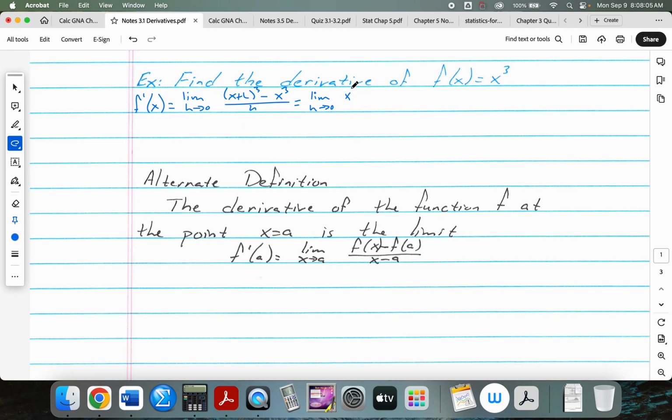That's x cubed plus 3x squared h plus 3xh squared plus h cubed. And then we have that minus x cubed at the end, all over h.